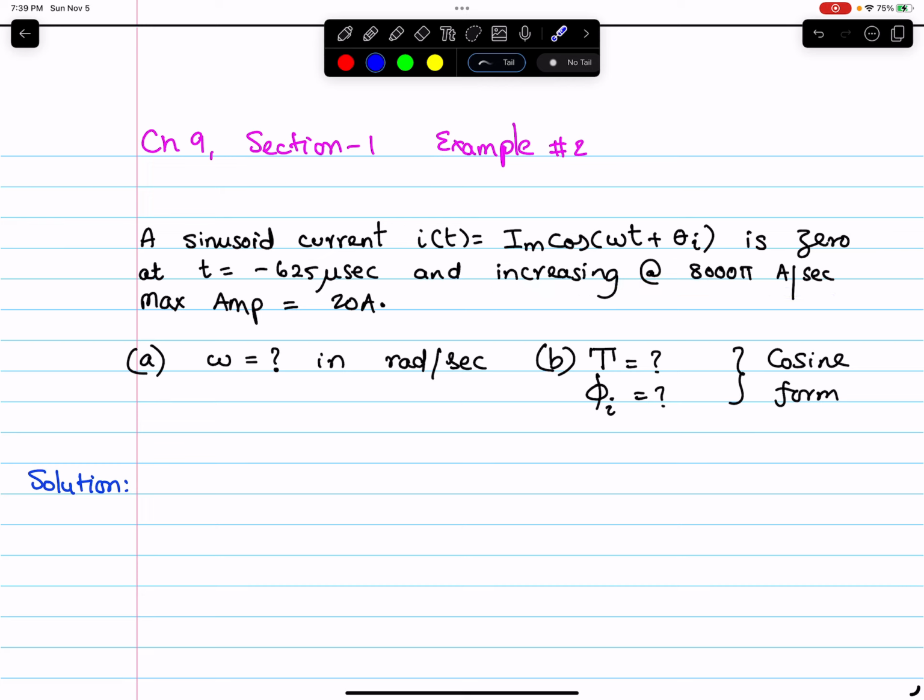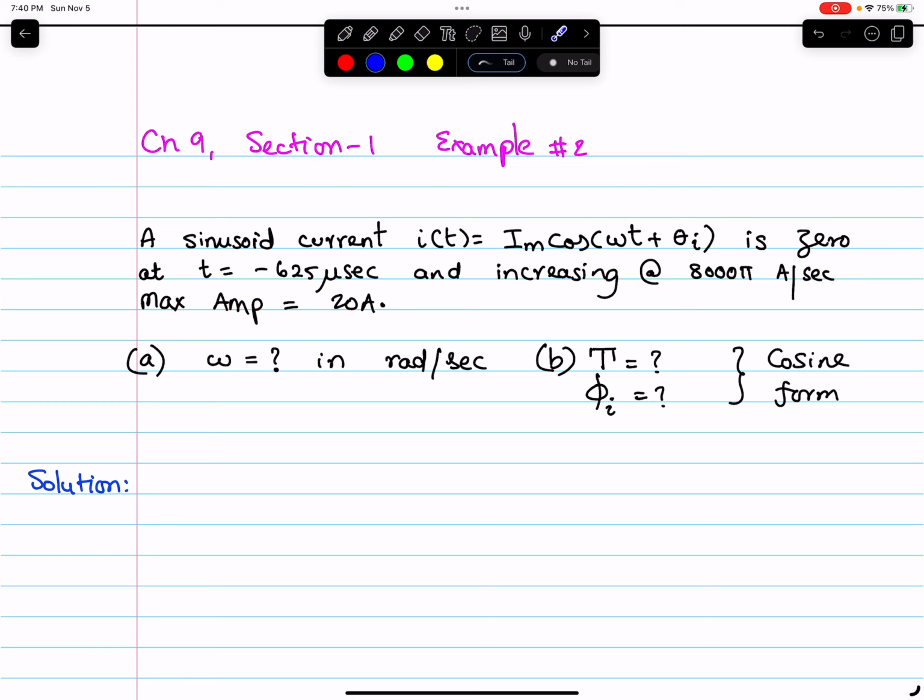Given the maximum amplitude, what is the omega, what is the time period, and what is the angle phi for the cosine form?